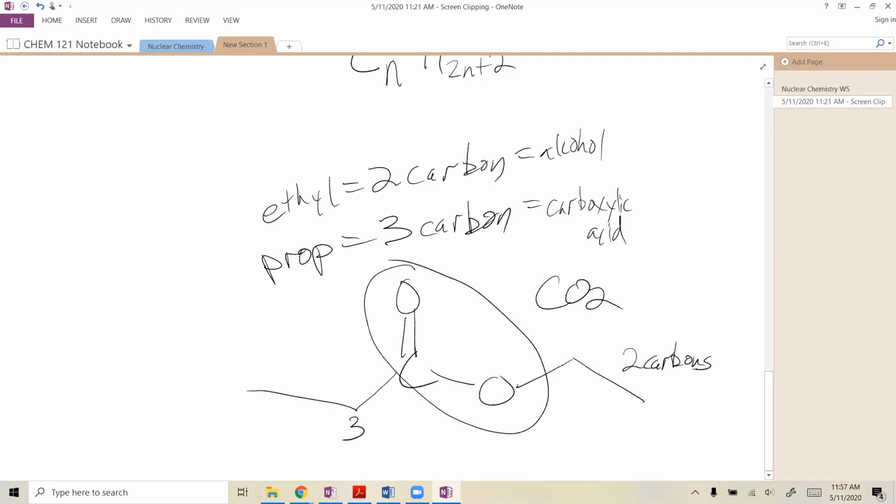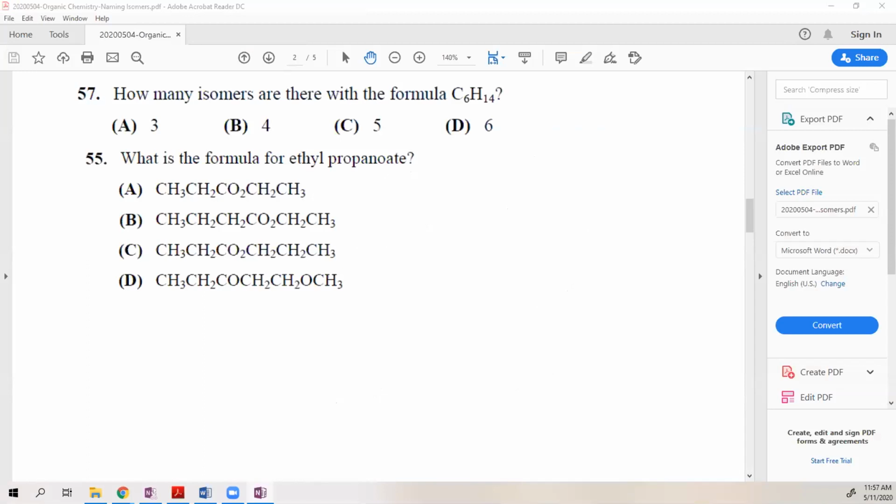Can you go back to the page? Yep. So now when we're looking at our name, what we're looking for is 3 carbons before we hit the O's. So that's going to be A or C. D would kind of work, except we don't see that CO2, so it's not actually an ester here. So it's either A or C.